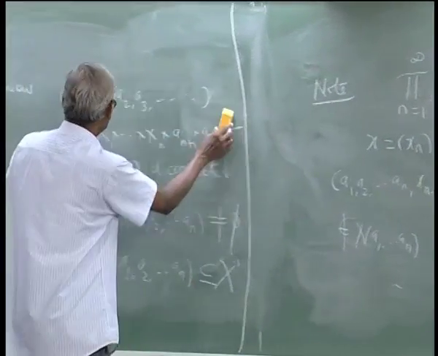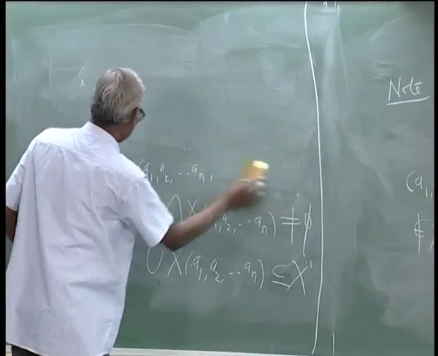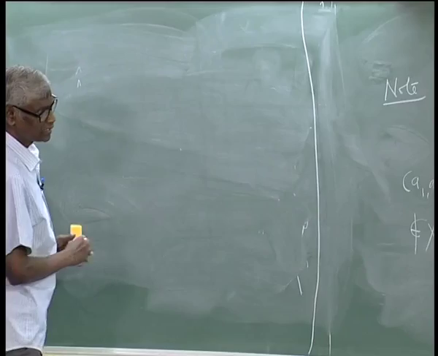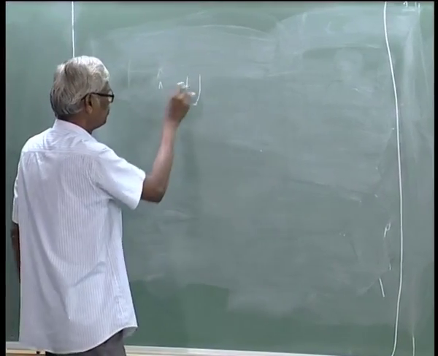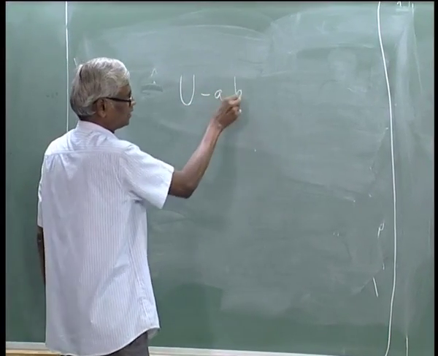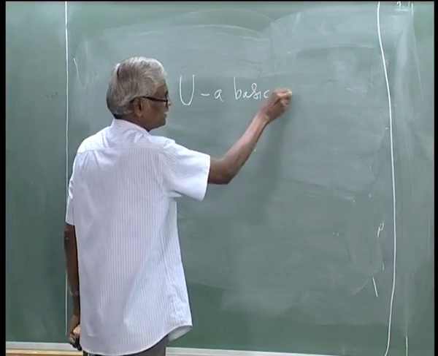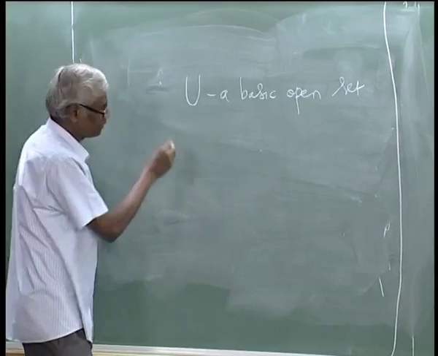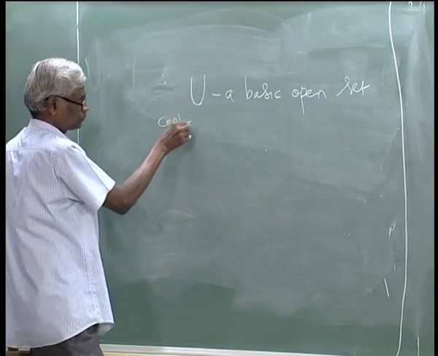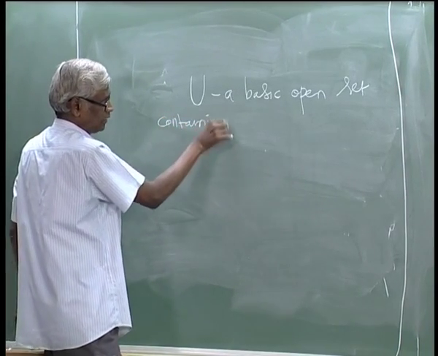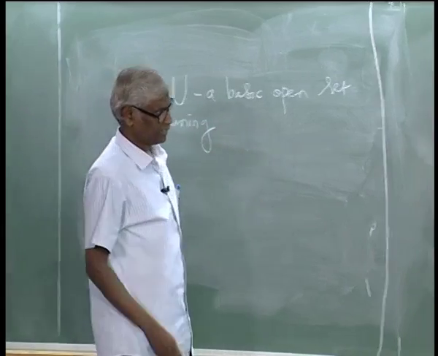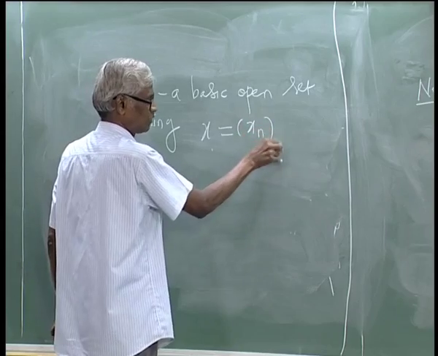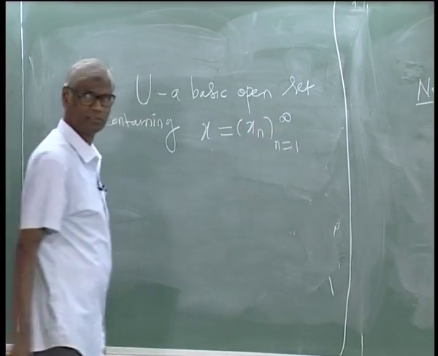So, start with a basic open set U containing the given x, where x is the sequence (xn), n from 1 to infinity.